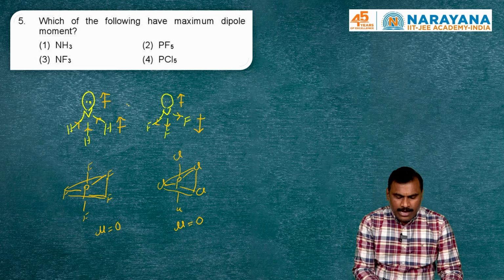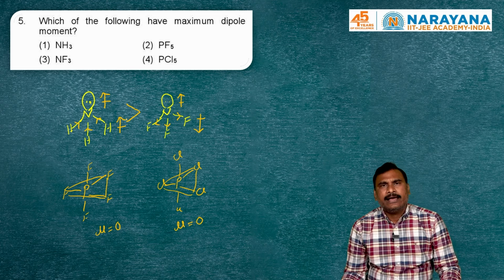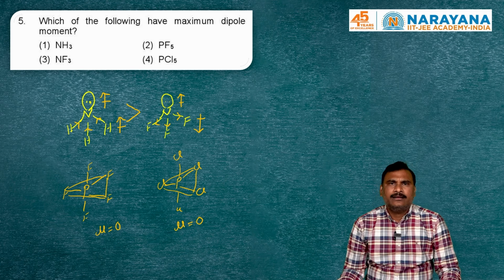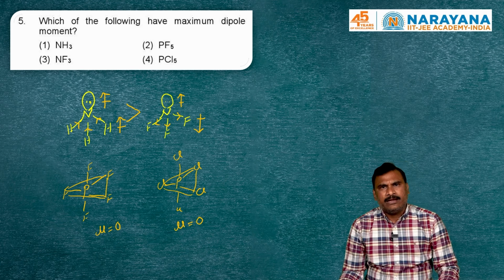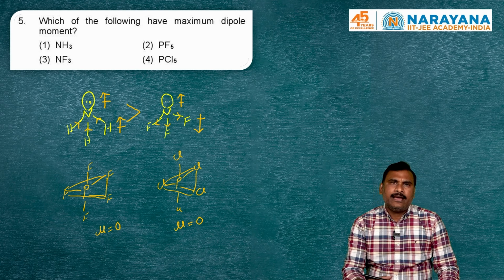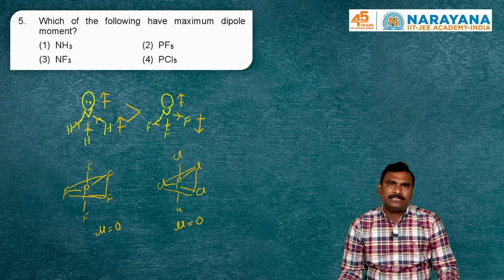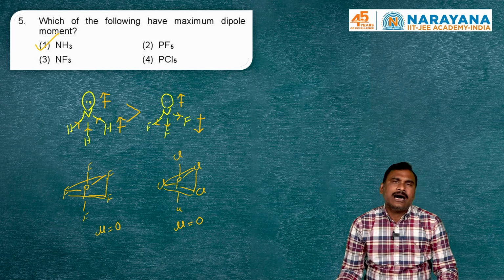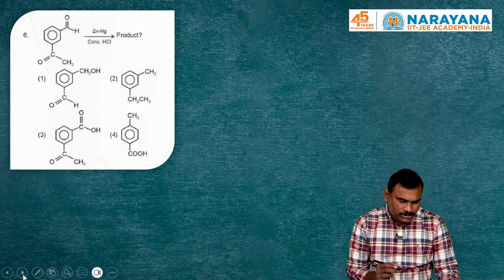Among these two, ammonia has more than NF3, since the bond moment as well as the lone pair moment are both in the same direction. But in NF3, the lone pair moment and the bond moment are in opposite directions. So the highest dipole moment is for ammonia. So answer 1 is the correct one. Now let us go for the next question, student.